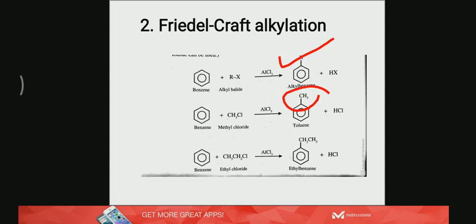If we take ethyl chloride, then the alkyl group substituted is the ethyl group, so that is ethyl benzene. Like that, we can prepare any alkylated benzene compounds. A limitation for alkylation is that if we are using long chain alkyl groups, then you may get rearranged products, which you will understand from the mechanism.